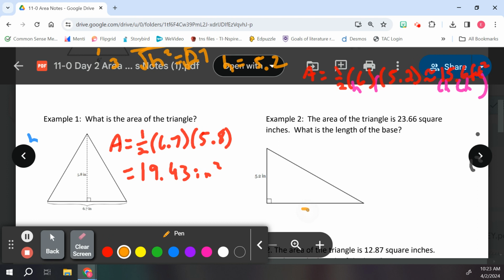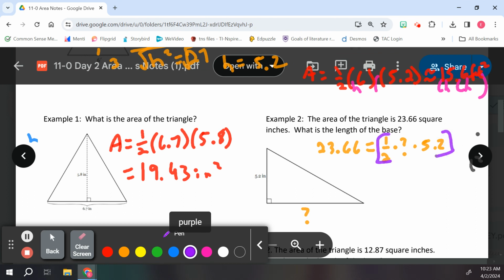So they want you to find this. So if my area, I'm going to substitute in my formula, but they give me 23.66 for the area equals 1/2 times the base, which we don't know, times that height of 5.2. First thing I'm going to do is get rid of this fraction.